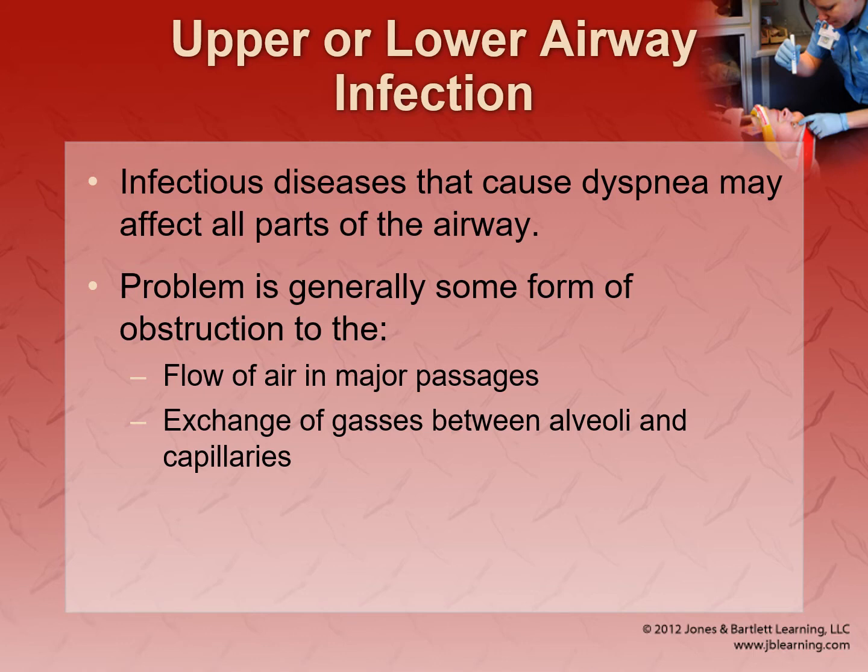So you get direct obstruction of airflow, but the swelling, particularly in lower airway infections, can also cause a pulmonary edema-like, pro-inflammatory state where you've got high immune system activity, swelling, inflammation, cellular destruction, toxins accumulating in the area, and the gas exchange at the cellular level gets impeded by these processes.